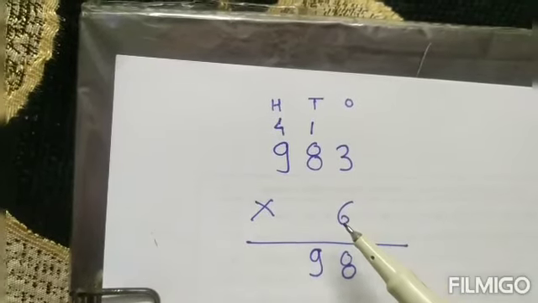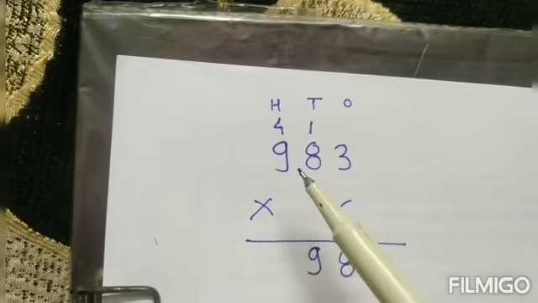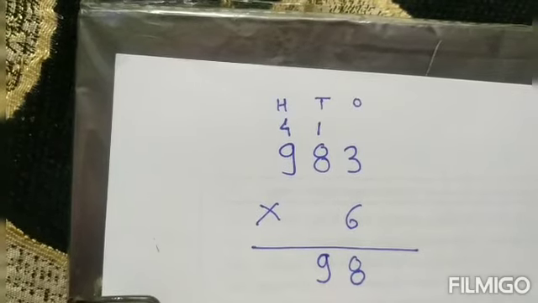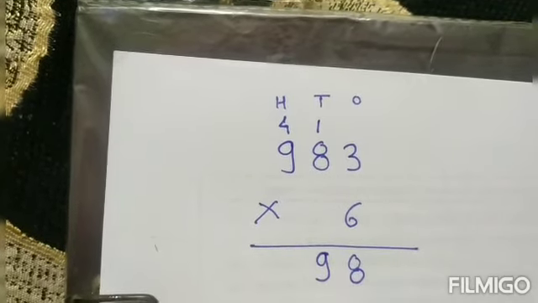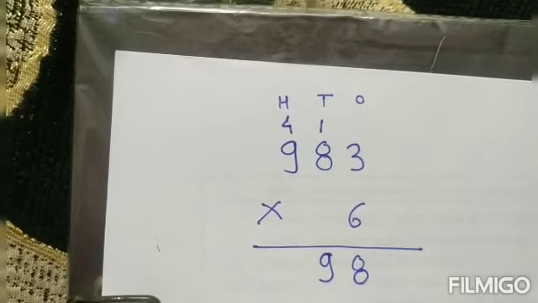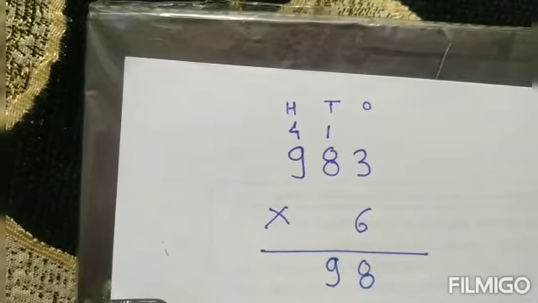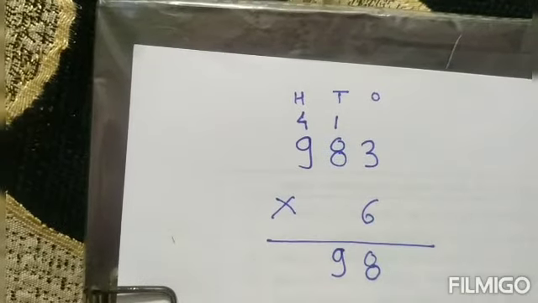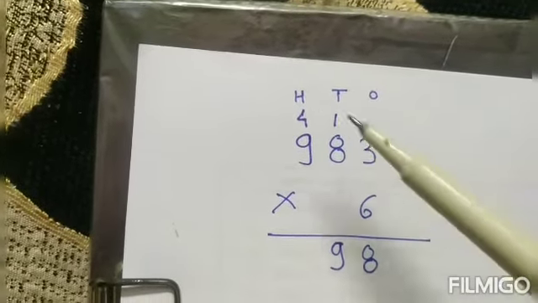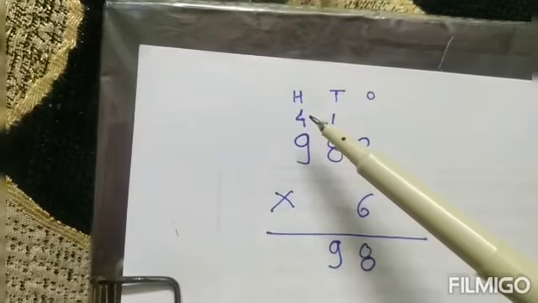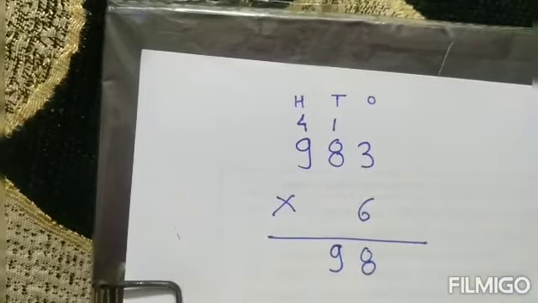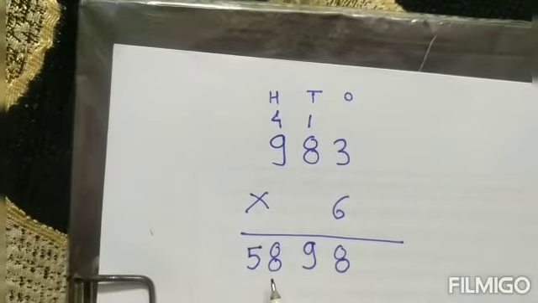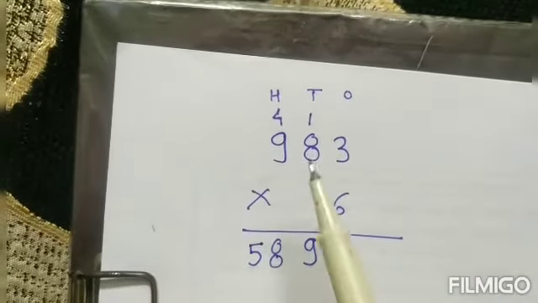Next step is 6 multiplied with 9. Start counting table of 6 up to 9. 6 nines are, very good, 54. And now add this carry 4 to 54. It becomes 58.